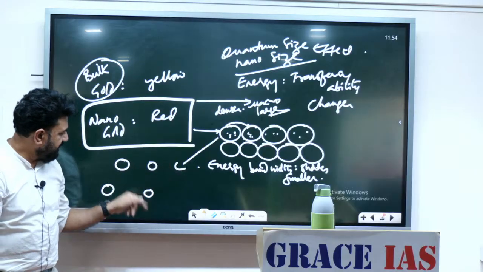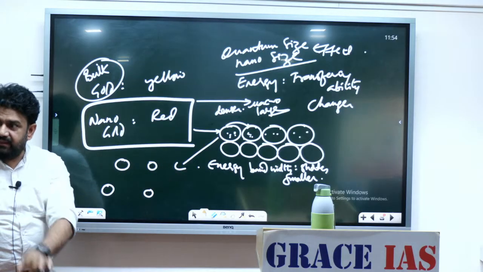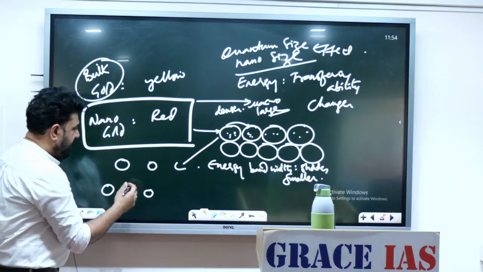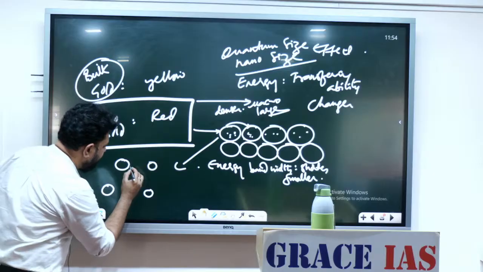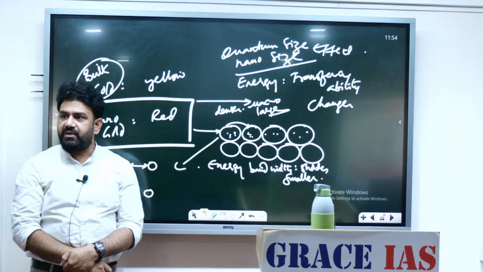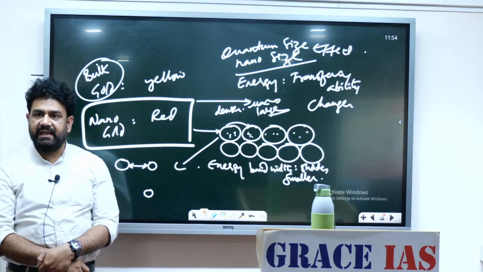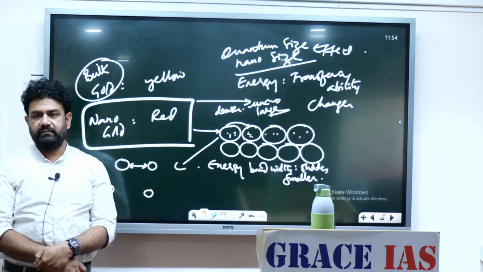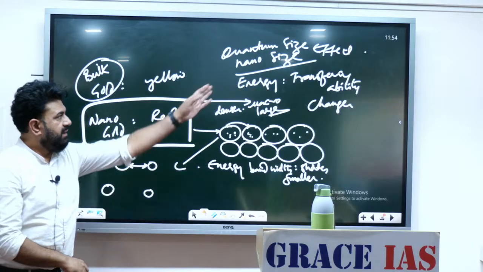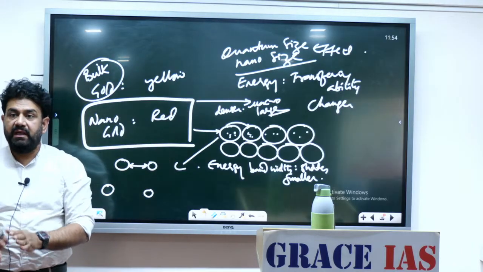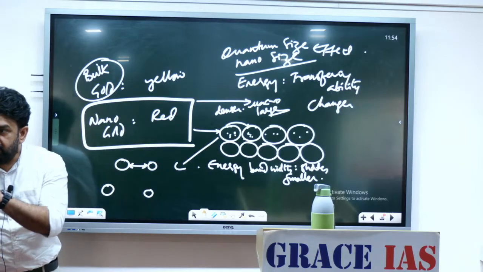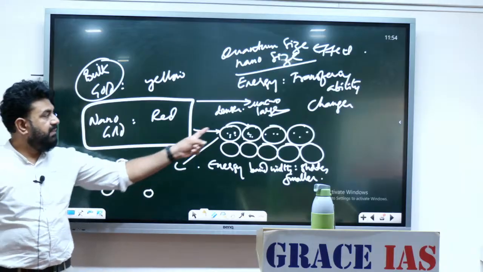What happens between them is each particle will start generating more energy because the energy bandwidth became larger, wider, greater. Hence we say nanoparticles, because of quantum size effect, would conduct more energy and can transfer more energy than bulk particles.